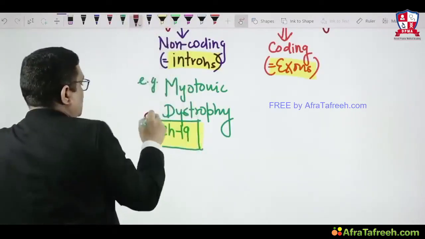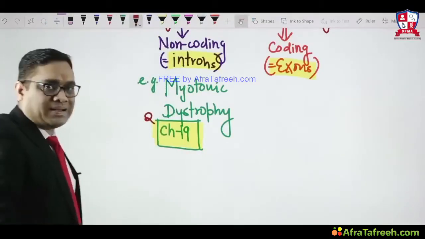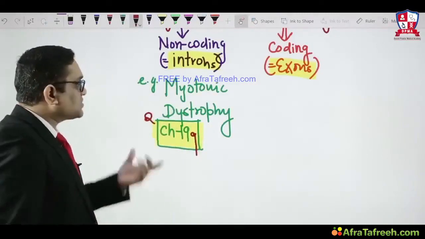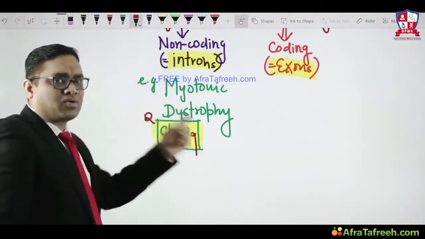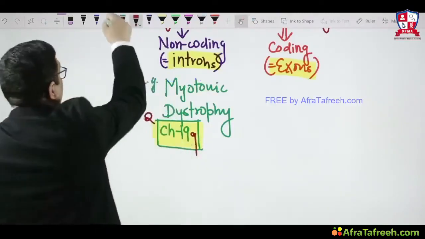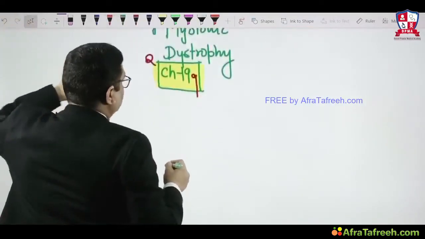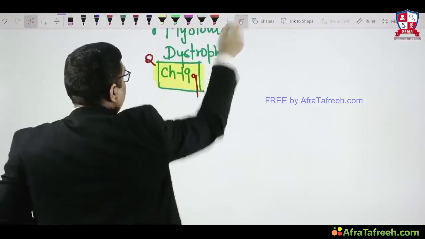Myotonia dystrophica is associated with chromosome number 19, long arm, right? So this is number one disorder associated with the oogenesis trinucleotide repeat mutation.